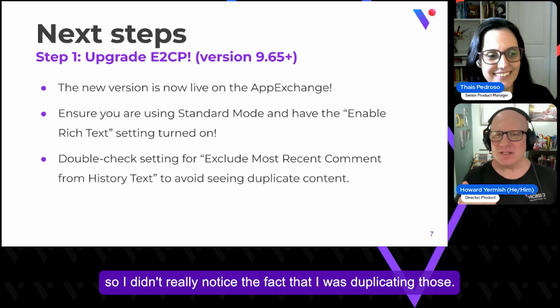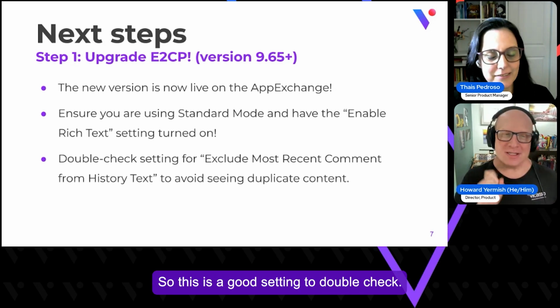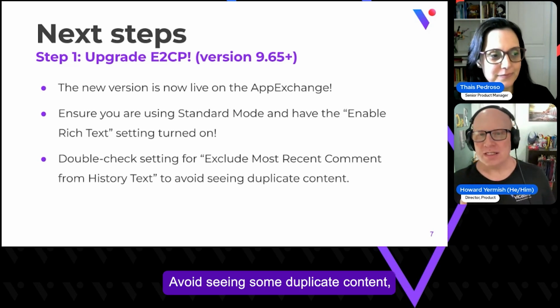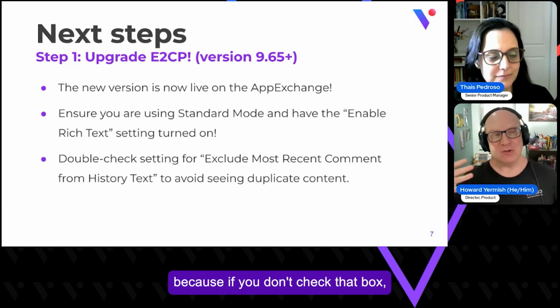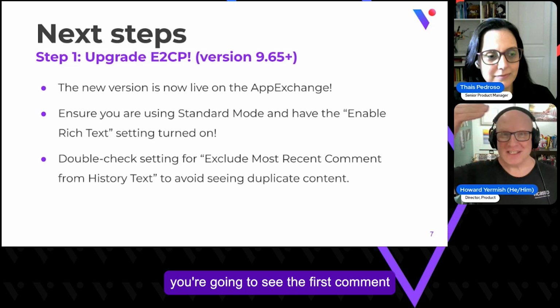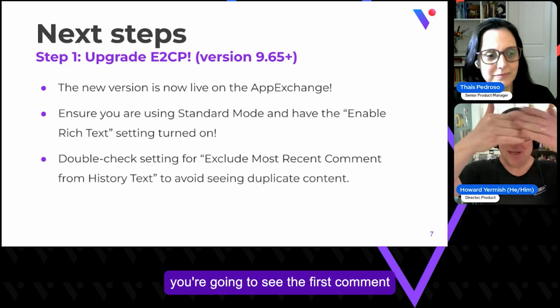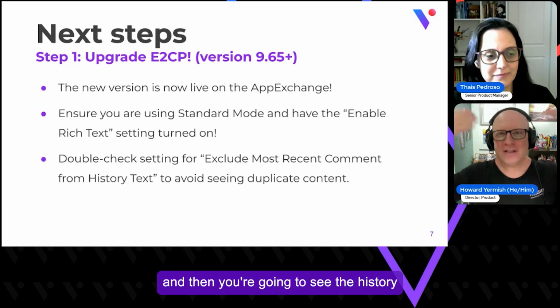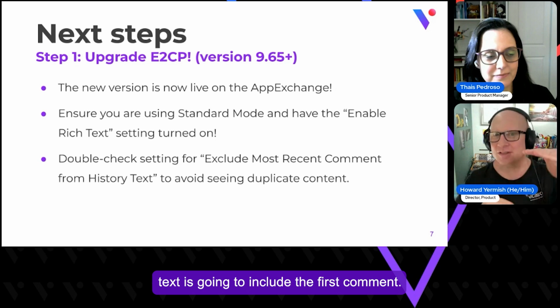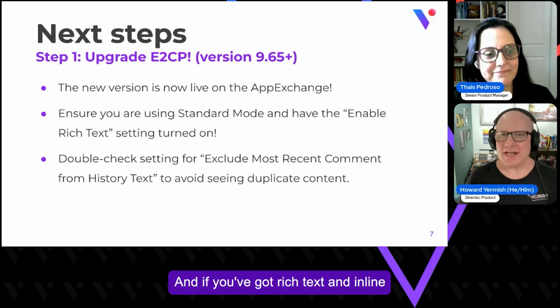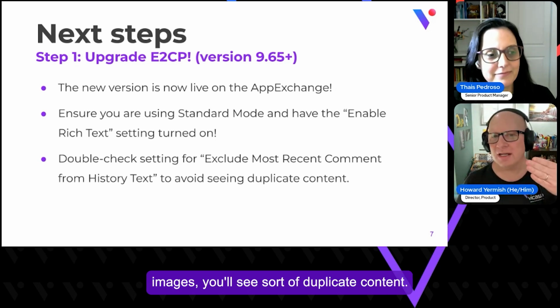So I didn't really notice the fact that I was duplicating those. This is a good setting to double check to avoid seeing some duplicate content, because if you don't check that box, you're going to see the first comment as your top comment, and then you're going to see the history text. It's going to include the first comment. And if you've got rich text and inline images, you'll see duplicate content.